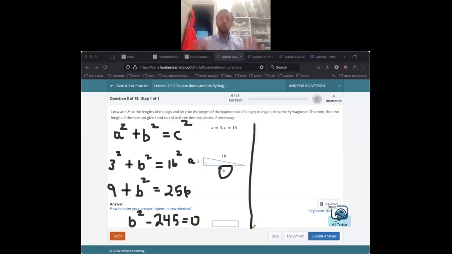If we were to apply the quadratic formula, what's your A, your B, and your C? Now, don't get it confused with A and B, C here. It's kind of weird. A is 1, 1, 1. I hate using A, B, and C when they got A, B, and C here too.